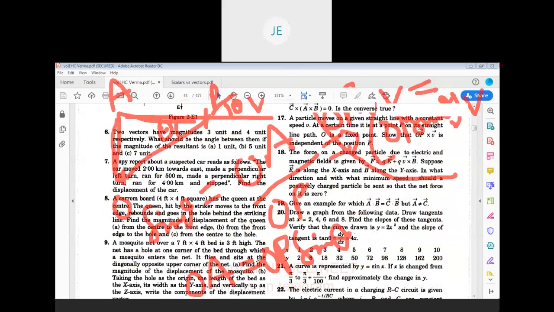We have to prove that OP sin theta is constant. OP sin theta is equal to OA.